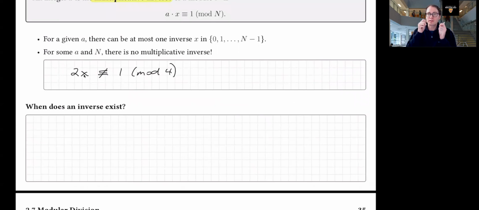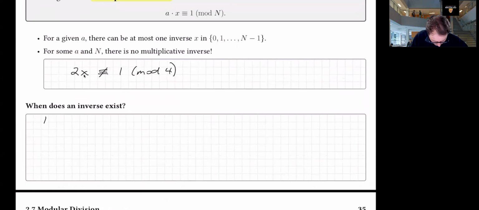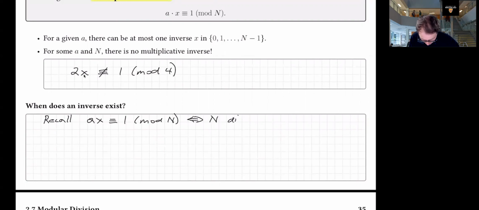So then you can ask, for what values of a and n is there a multiplicative inverse? Recall, ax is equivalent to 1 mod n if and only if, as we wrote before, n divides ax minus 1.